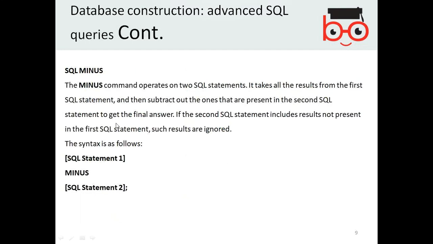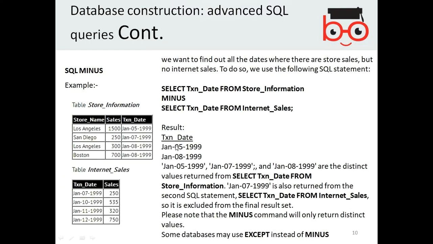Then minus is basically, let's say this result 5th, 7th, 8th, and you are doing a minus from this, like 7, 10, 11, 12, then obviously you will be left with the 5th and 8th one, because the 7th will be deleted, and 10, 11, 12 are not present at all. Make sense?